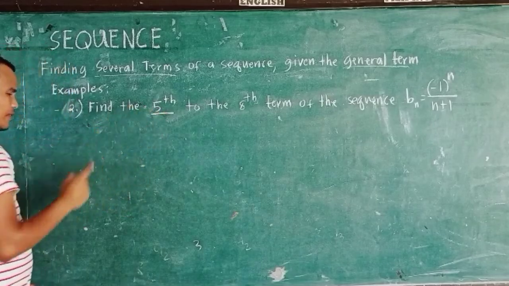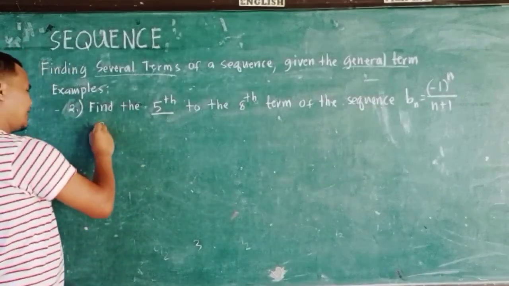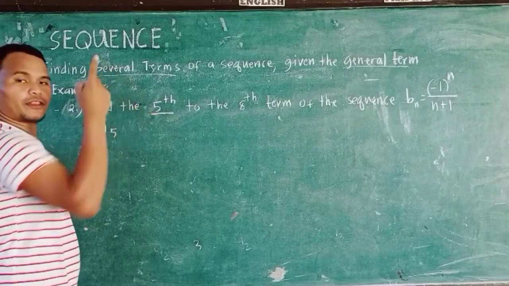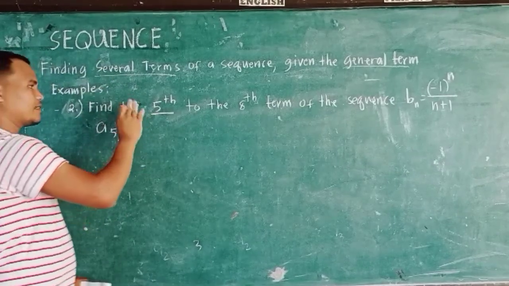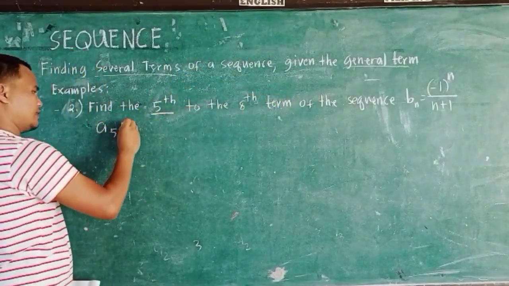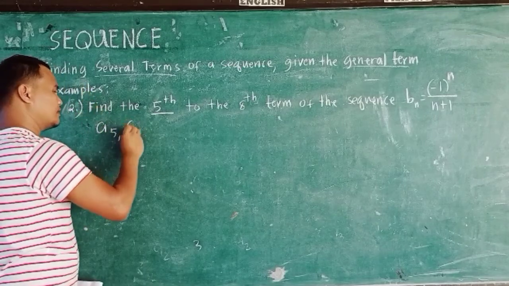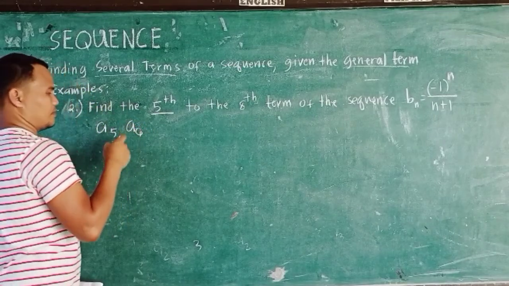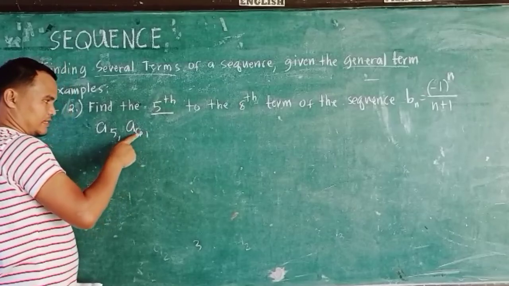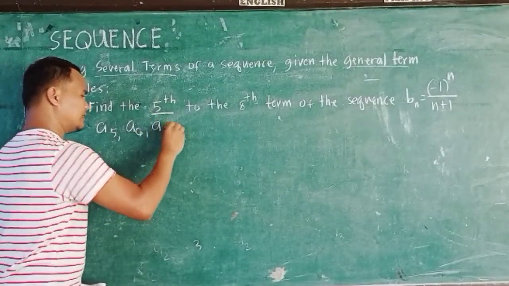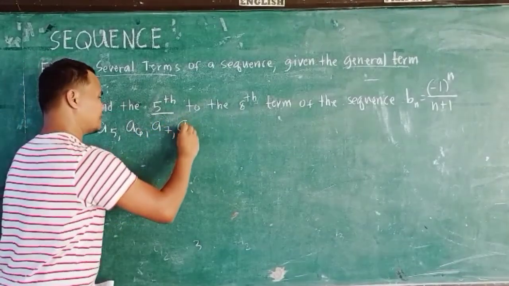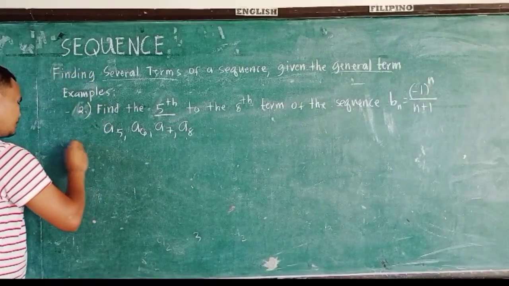So the fifth term is denoted by a sub 5. And since fifth to eighth, it is from the fifth term, next is the sixth term, next is the seventh term, and next is the eighth term. Here is the solution.